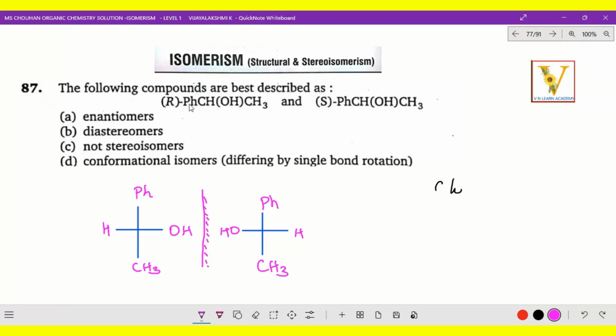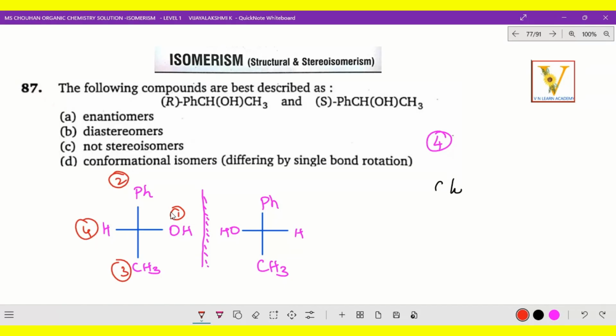As mentioned, Ph-CH(OH)-CH3 and its mirror image. So in that, 100% it will be enantiomers only. Why? Because the fourth priority is on the horizontal here. So the priority order you give is 1 here, 2 here, then this is 3, and this is 4.